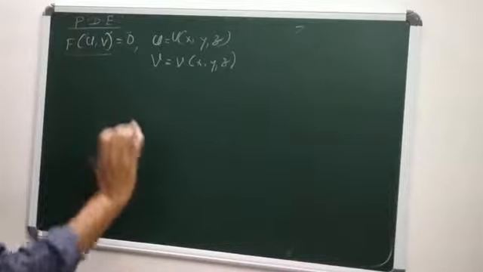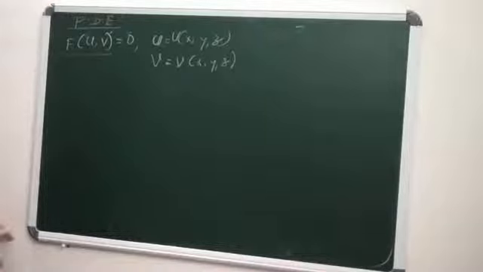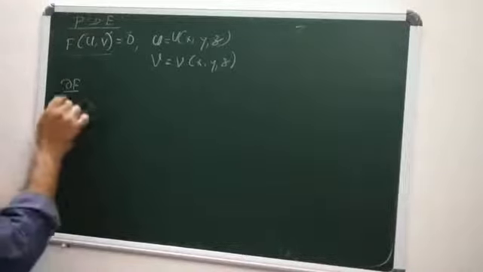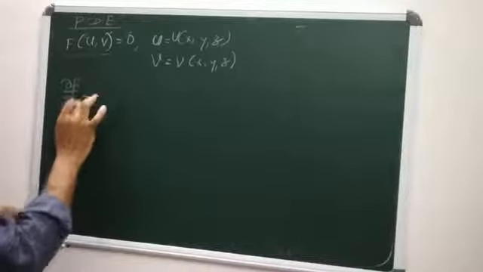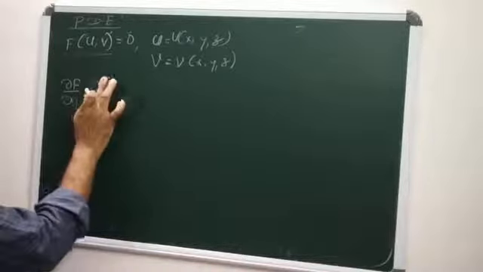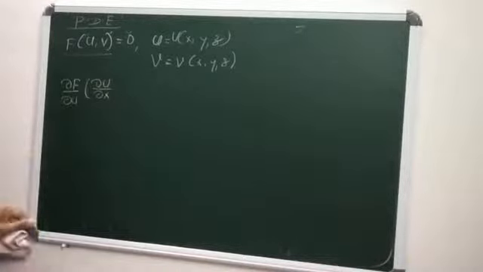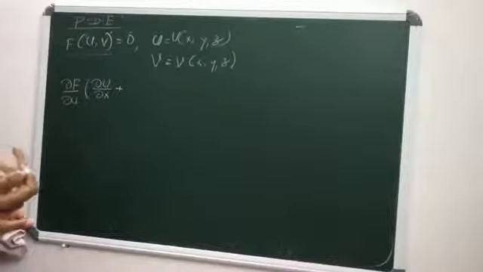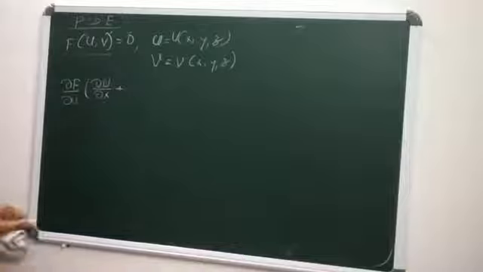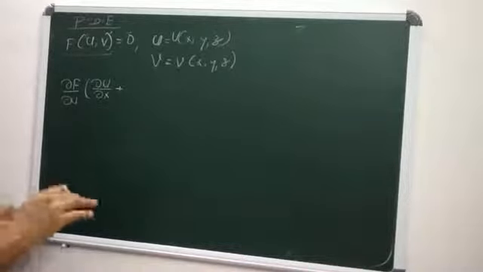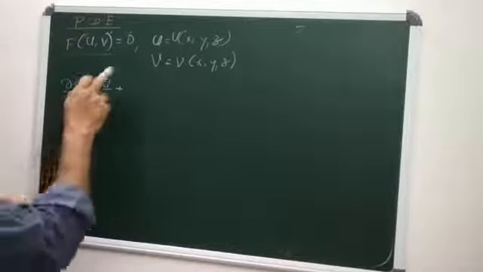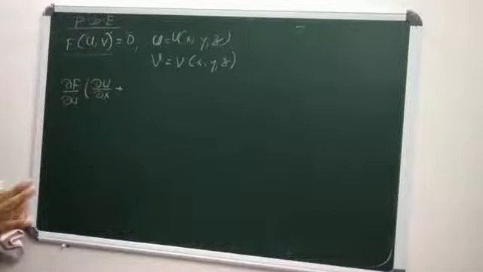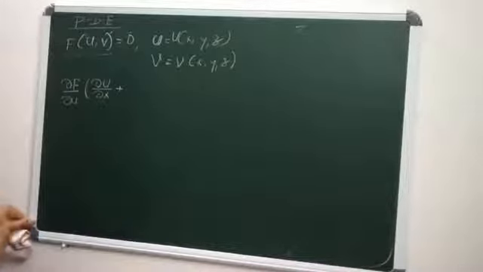Then you can differentiate partially with respect to x and y. x and y are independent variables and z is a dependent variable that depends upon both x and y.